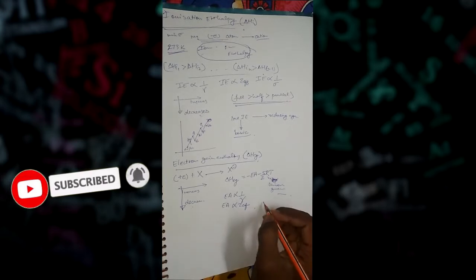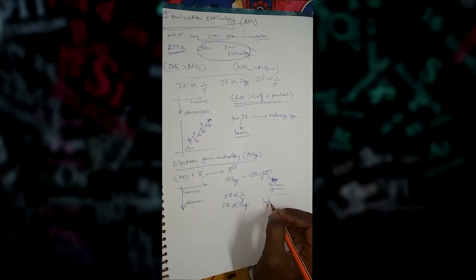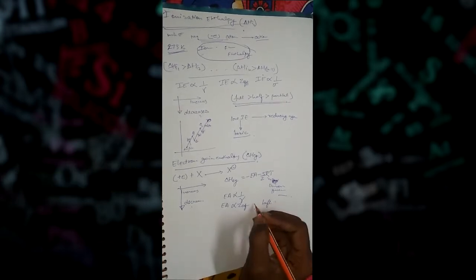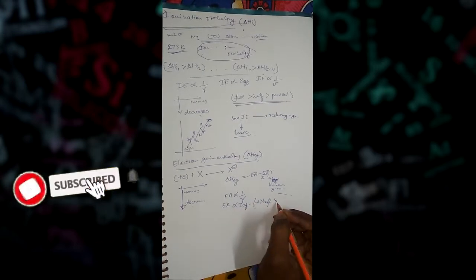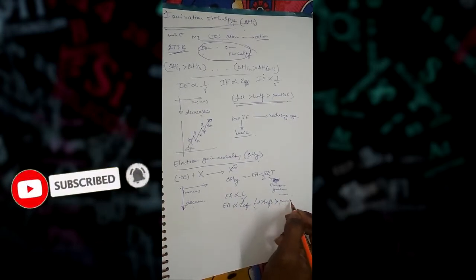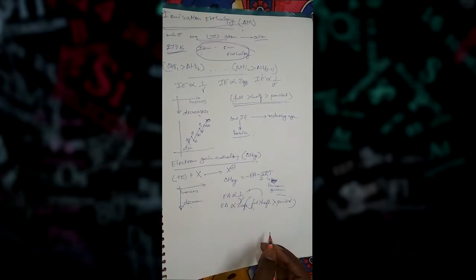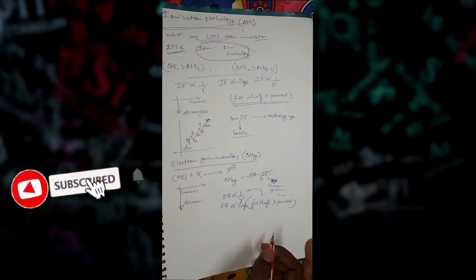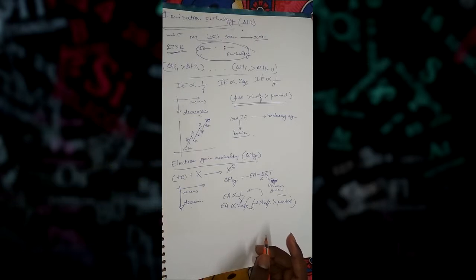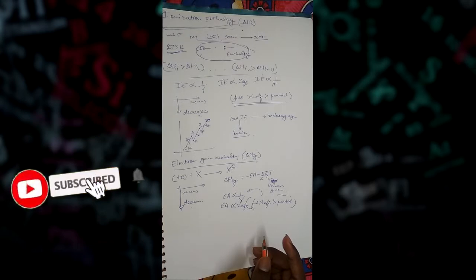Now the same concept of full filled, half filled, partial filled stability order will also matter in this case. And one more thing you have to remember is that the elements of the second group, that is beryllium, magnesium, calcium, strontium, barium, all have their electron affinity as 0.